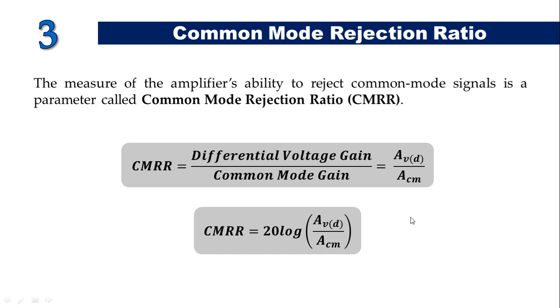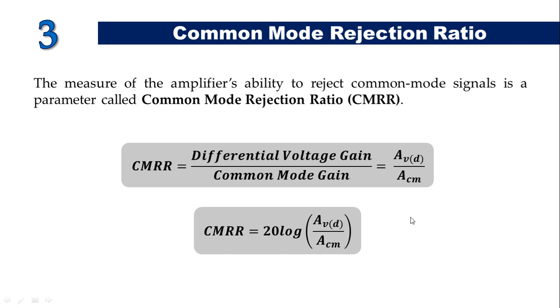Although they do exhibit a very small common mode gain, meron pa rin. Although usually much less than 1. Pero meron. While providing a high differential voltage gain dun sa ating mga desired signal. So, habang tumataas yung ating differential gain with respect to the common mode gain, mas maganda, di ba? Dahil mas na-amplify natin or mas nakukuha natin yung mga desired signal versus dun sa mga unwanted signals.